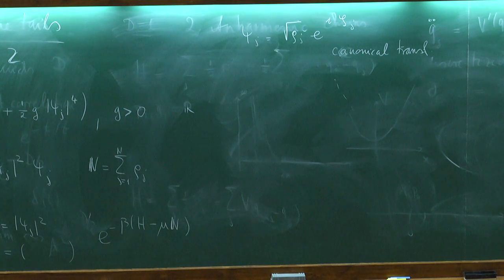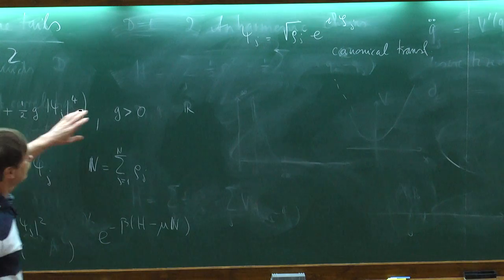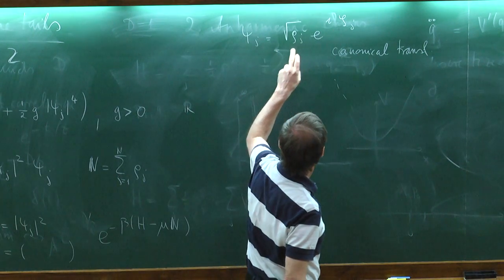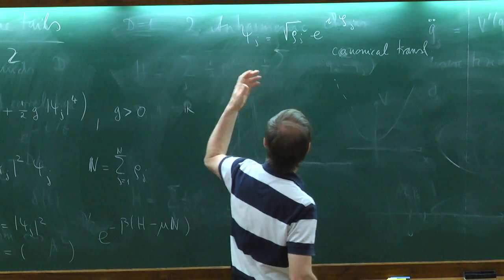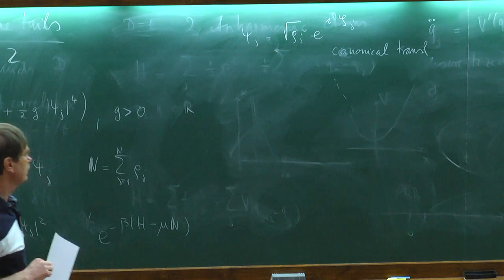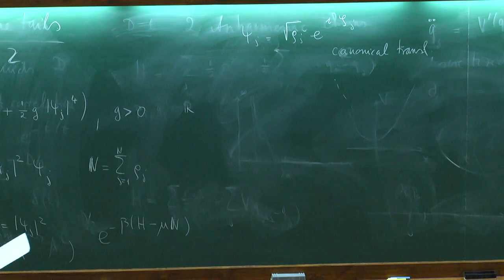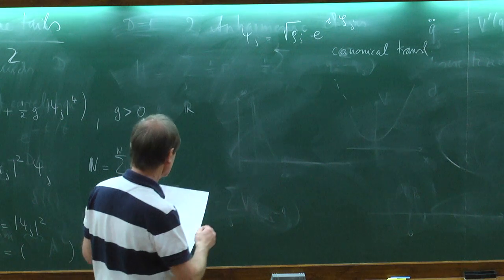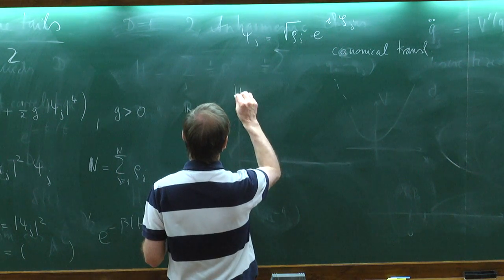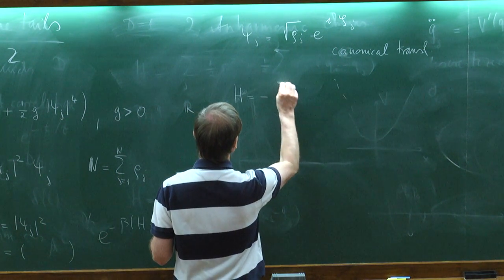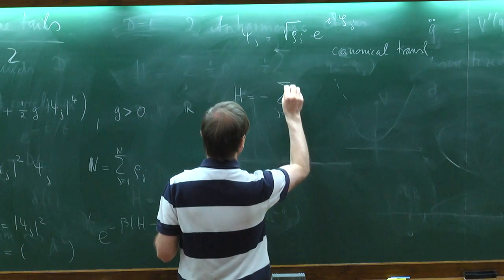I can transform directly the Hamiltonian, and if I know that these are a pair of canonical coordinates, then of course for these new coordinates, you still have the standard Hamilton's equations of motion. I just want to write down for you the result of this transformation.